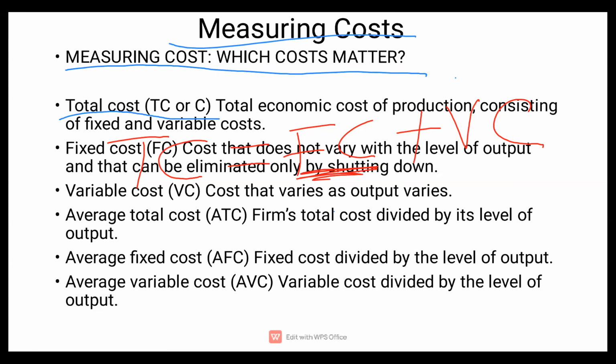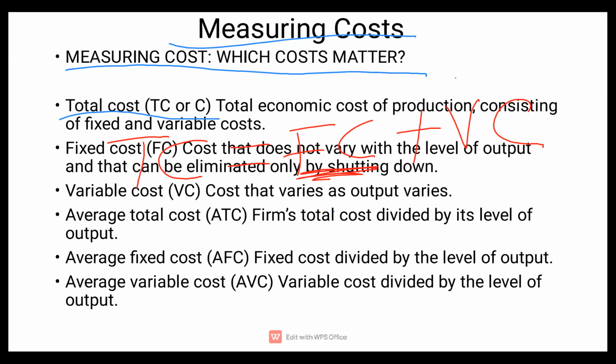Let me use a practical example so that you can easily get it quickly. You have labor and capital. Let's say capital, you are using a building, that's rent, is capital. You are only using one building. As you are just using one building to produce whatever you are producing, the rent will be fixed.